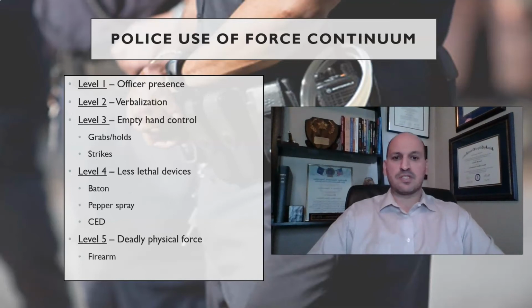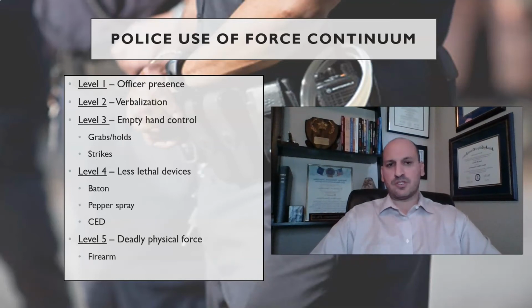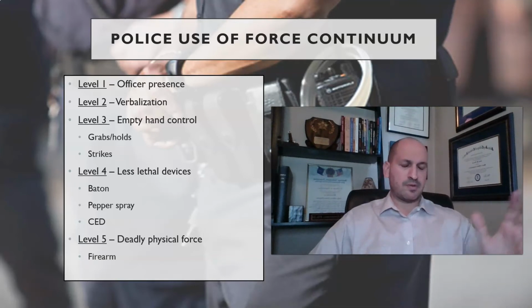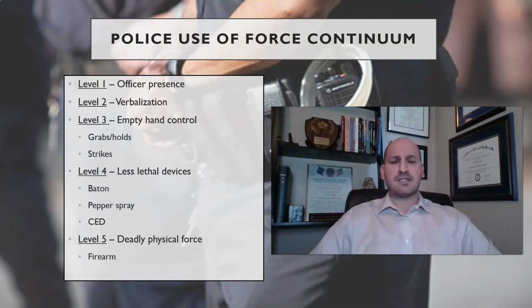This brings us to what's known as the police use of force continuum, which I introduced to you a few weeks back, but it's important to make sure you're aware of it. You can think of a continuum as a sliding scale that starts on one end and works all the way up to another end. Police departments throughout the United States use a variety of different continuums, but they all follow the same pattern.